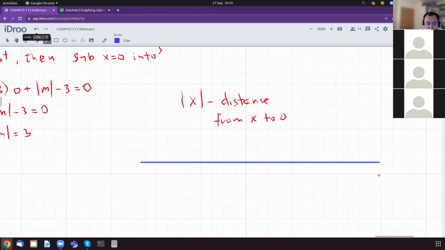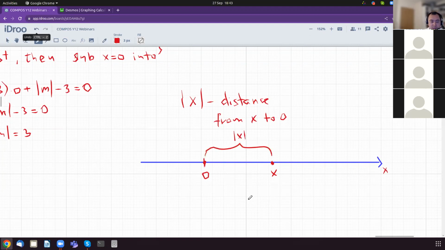So if you have a number x and you have a number 0, this is the beginning, and this distance is called modulus x.